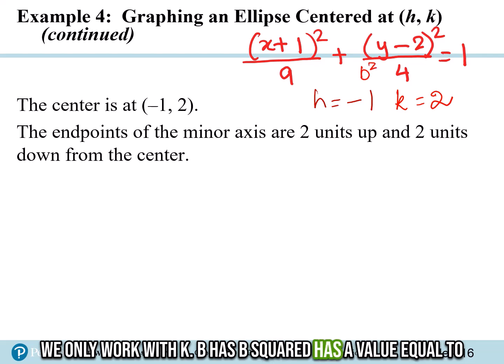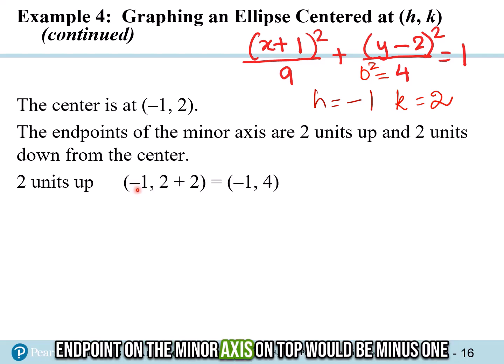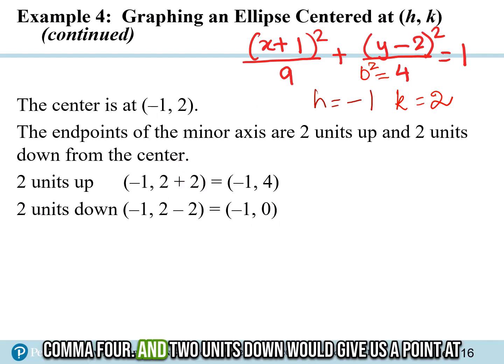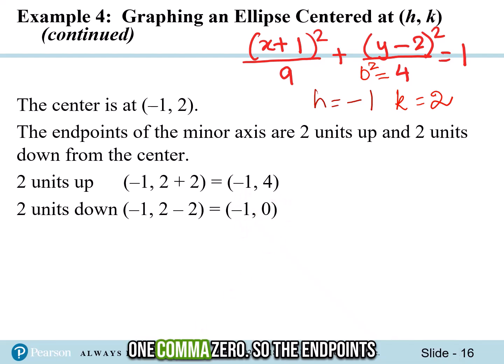b squared has a value equal to 4, therefore b will have a value of 2, correct? The endpoint on the minor axis on top would be (-1, 2 + 2), which will give us (-1, 4), and 2 units down would give us a point at (-1, 2 - 2), therefore (-1, 0).